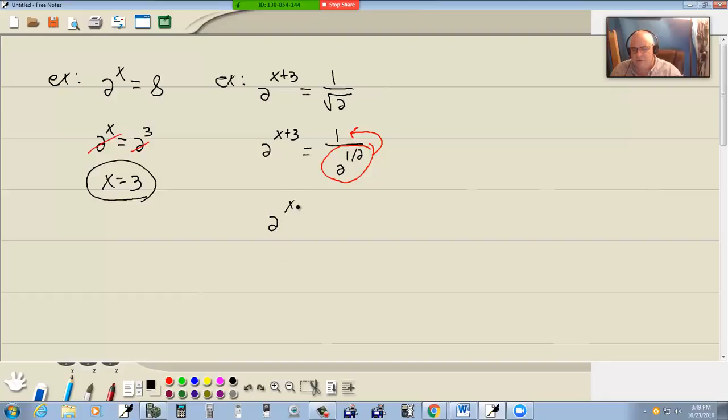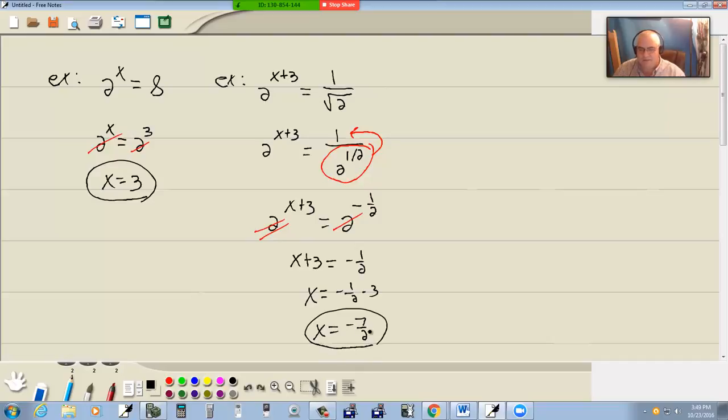So then we'll have 2 to the x plus 3 is equal to 2 to the negative 1/2. Remember, when you move anything opposite where it's at in a fraction, the sign of the exponent changes. Now they're both 2 to a power, so I set the exponents equal to each other. So I got x plus 3 is equal to negative 1/2. It's like the 2's cancel. Take 3 over, we got negative 1/2 minus 3, which gives us negative 7/2.